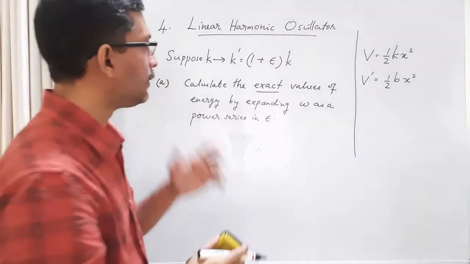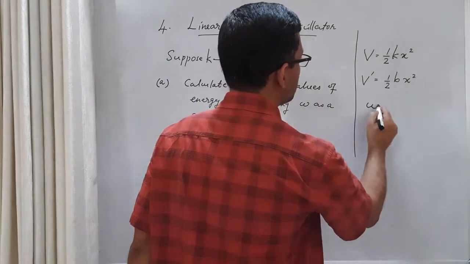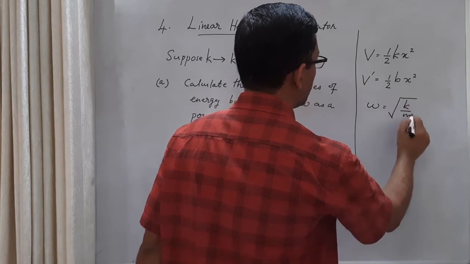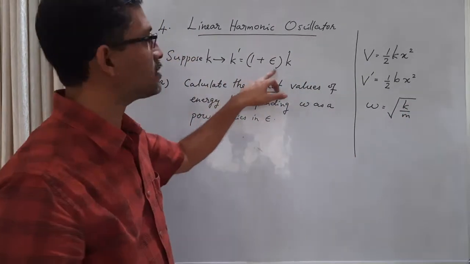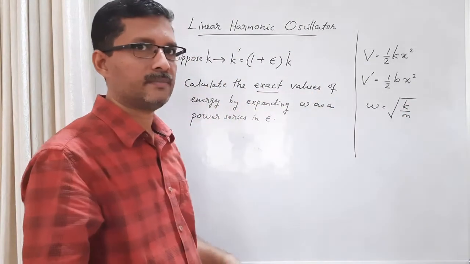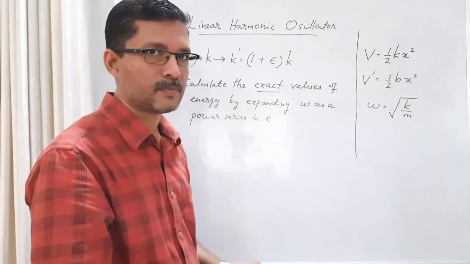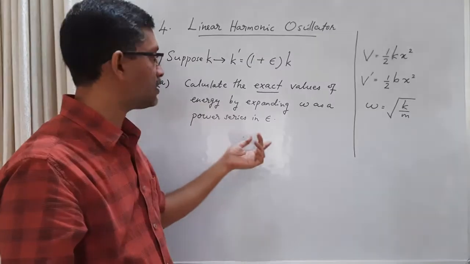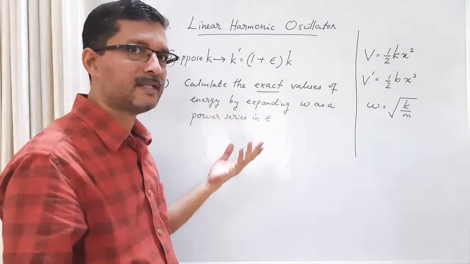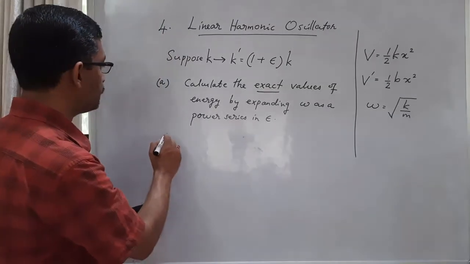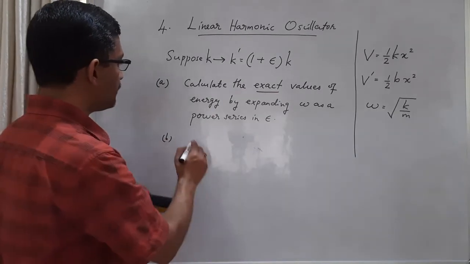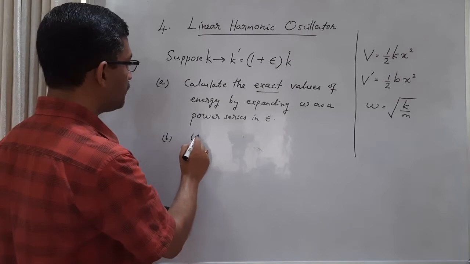What is omega here? If you remember the expression for the linear harmonic oscillator, omega is the square root of k by m. So if k changes, omega also will change. You can express omega as a function of epsilon. So expand omega as a power series in epsilon, and you get the exact values of energy. This is one problem we want to do. Second is using time independent perturbation theory.